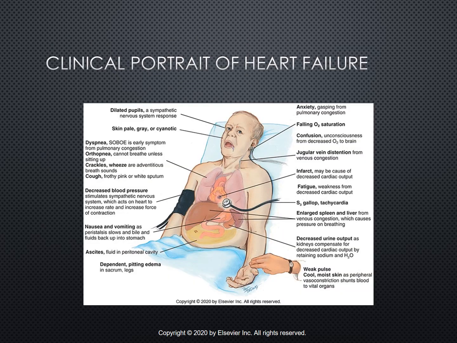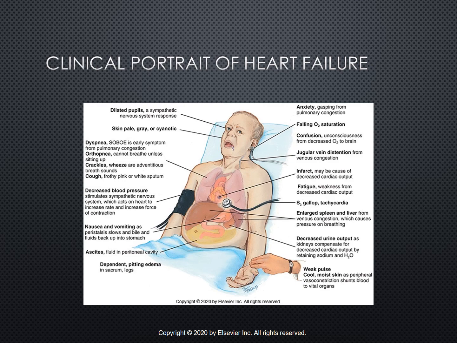This is just a picture that I thought would be helpful, to be able to see jugular vein distension. That means that there is a disease process going on, because it's not normal to see the jugular vein. And as you see here, it is distended, and that is what it looks like, okay?